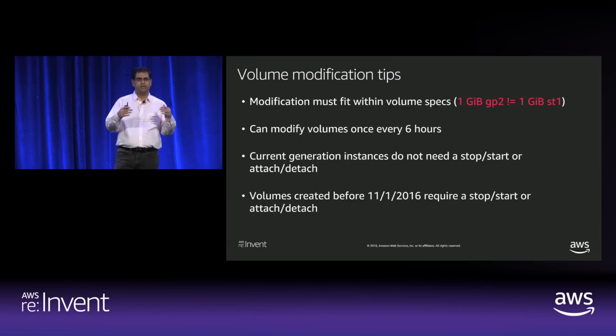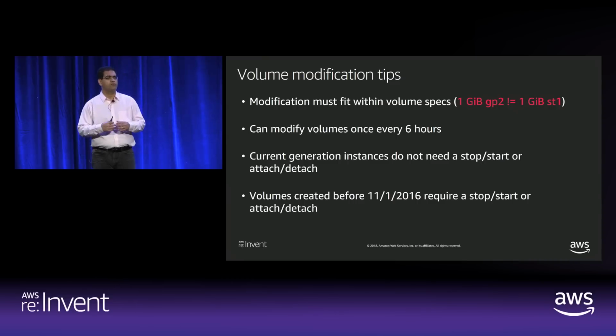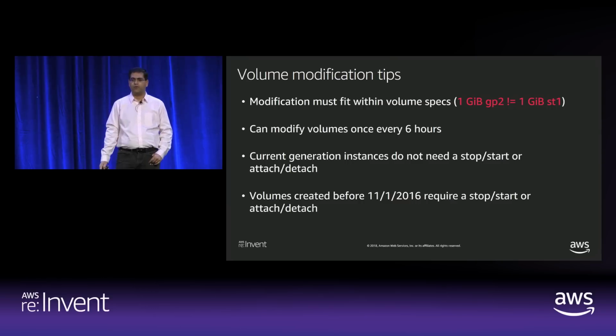The general guidance is you'll get the least common denominator, at least, of the performance of the two volumes while it is in the state of modification. Right? So let's say you're migrating from a GP2 to an IO1, and let's say the GP2 in this case was the lower performance volume. You would at least get that performance as you're migrating that volume from GP2 to IO1. Right? So that's why it will be non-destructive to your application.